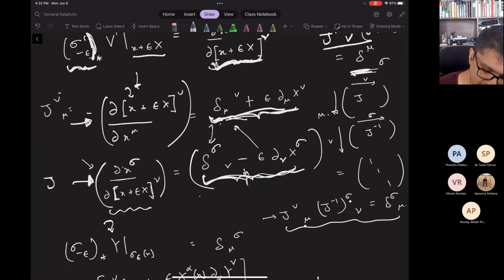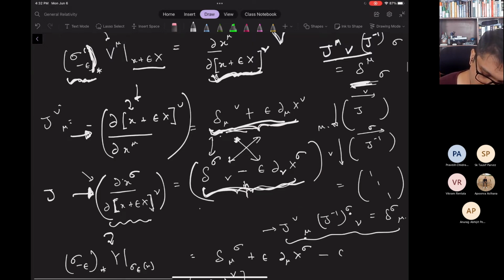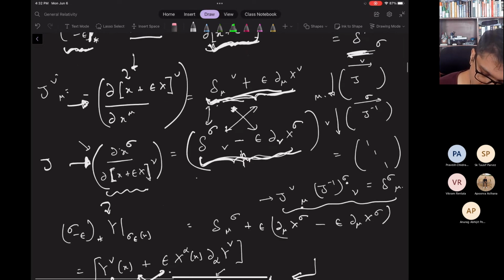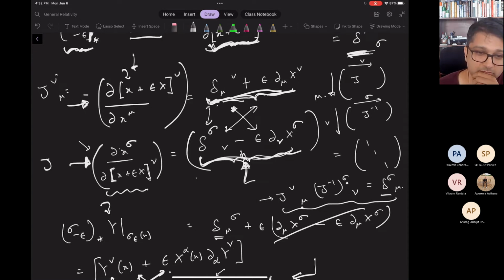I keep only the order epsilon terms. This term gives epsilon ∂_μ x^ν times delta, which sets nu to be sigma. And the cross term will set nu to be mu, giving minus epsilon ∂_μ x^σ. To order epsilon these cancel out, so I just get delta_μσ. So to order epsilon, this is the correct inverse Jacobian.